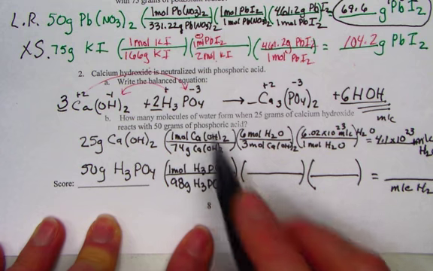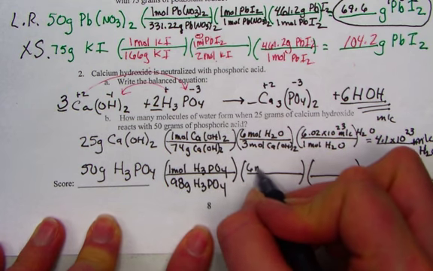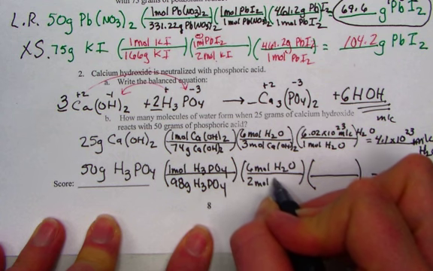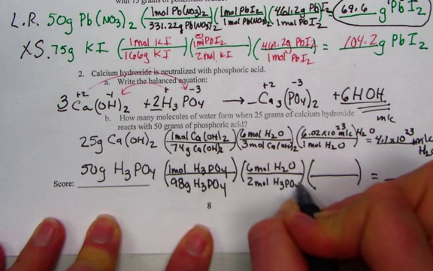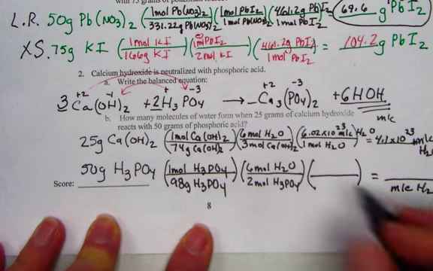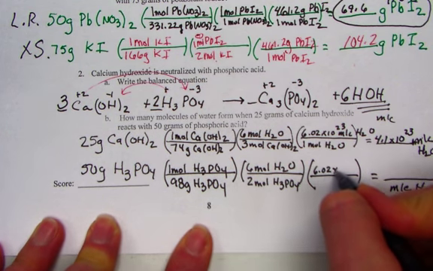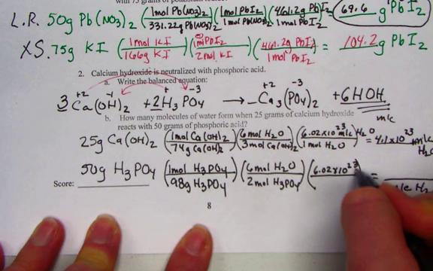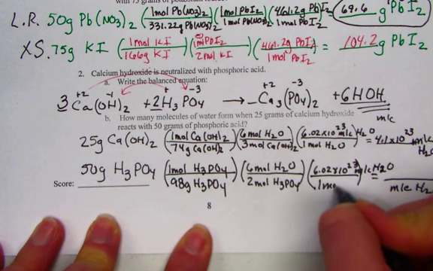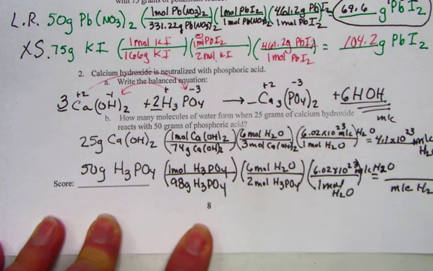The want over given ratio shows 6 moles of our water for every 2 moles of the H3PO4, a 6/2 stoichiometric ratio. We'll still use Avogadro in our last conversion, 6.02 times 10 to the 23rd molecules of water in every 1 mole of water.